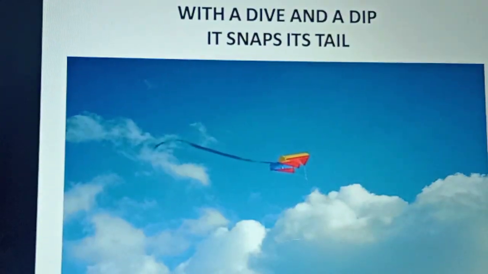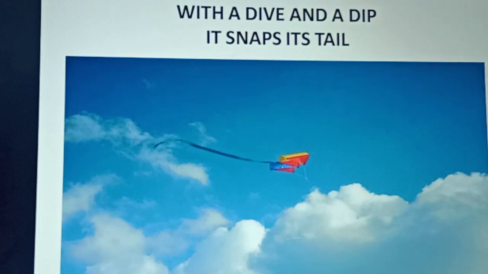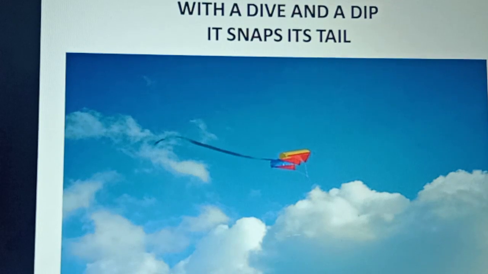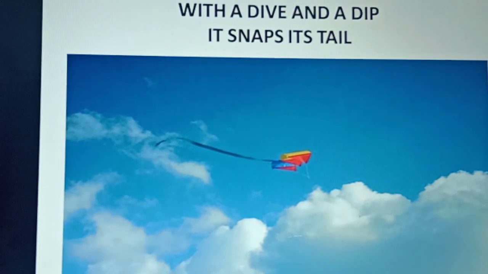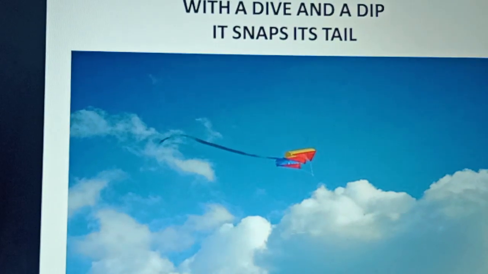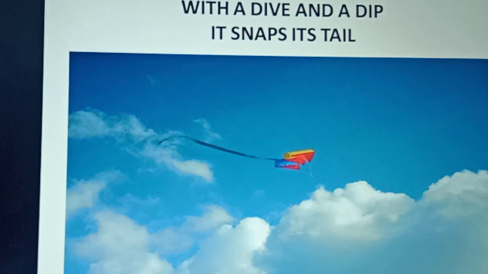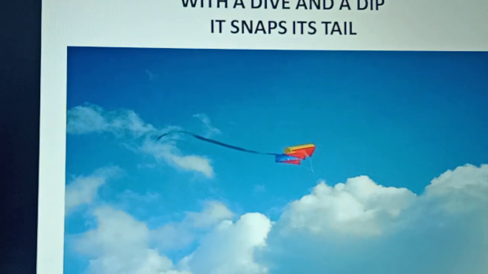With a dive and a dip, it snaps its tail. So how will the kite move in the sky? Will it move simply, or will it snap its tail? Yes, the kite will move its tail here and there when it is moving in the sky.